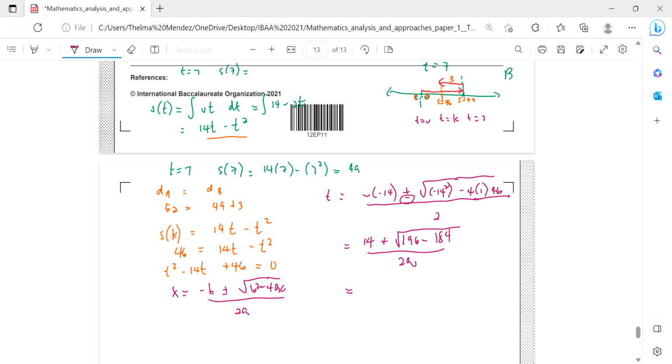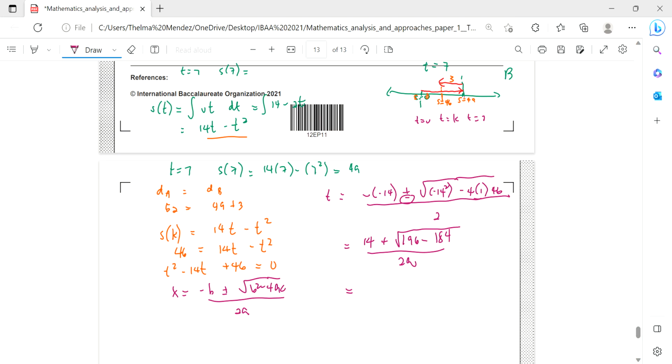What is 196 minus 184? You can solve on the edge of your paper.